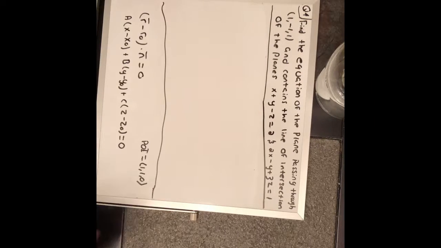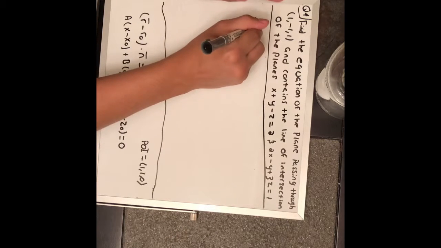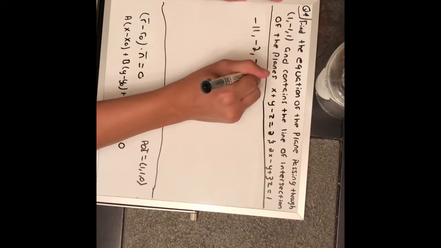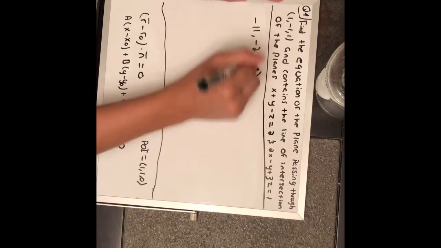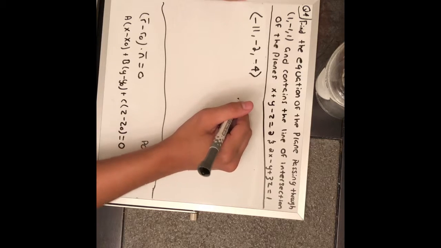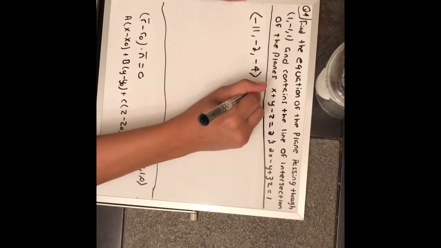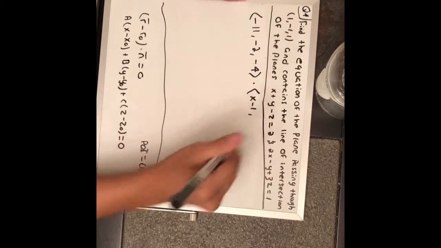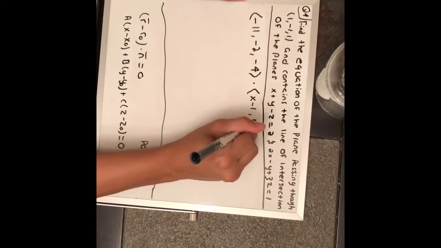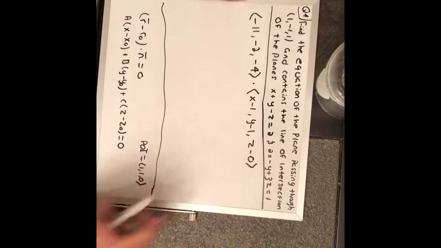Our normal vector should be (-11, -2, -4), and we are doing the dot with (x - 1, y - 1, z - 0).